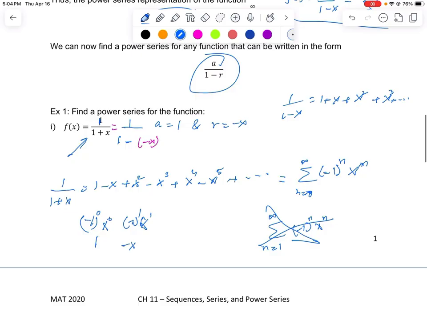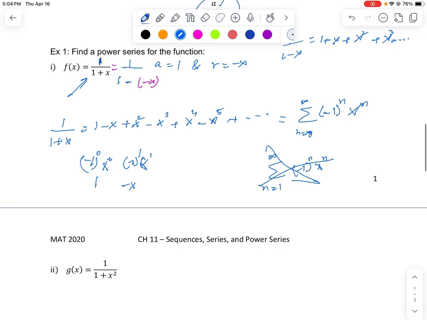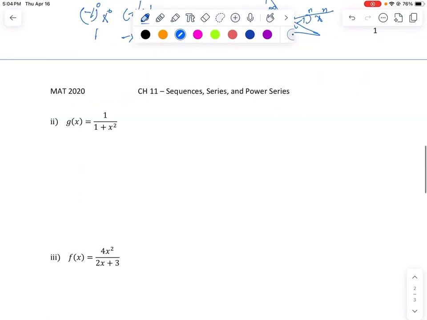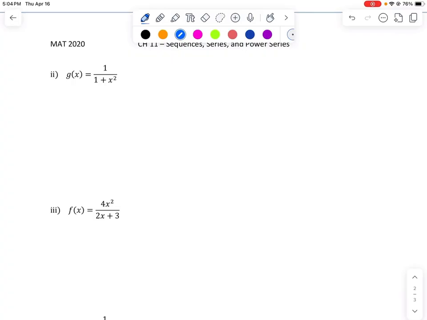Let's look at one more example, then I will give a break. Okay, 1 over 1 plus x squared. Again, if you compare, a is 1, the first term is 1, and then what is r? r here is not x squared.